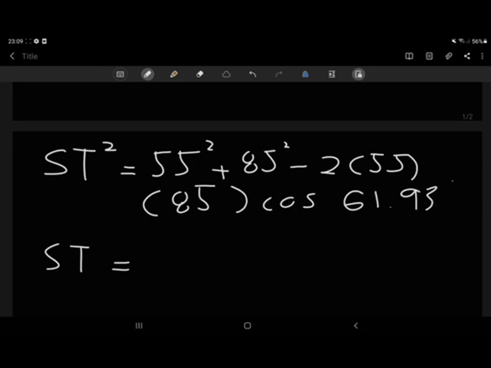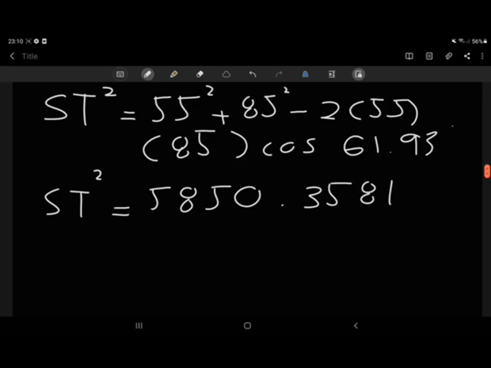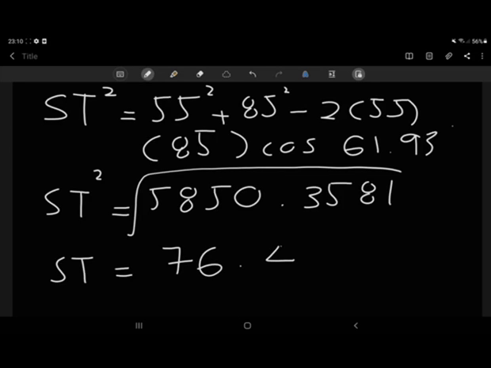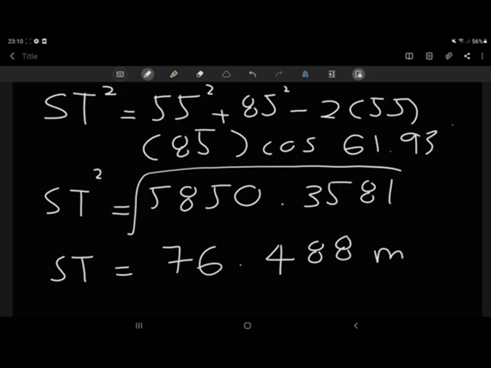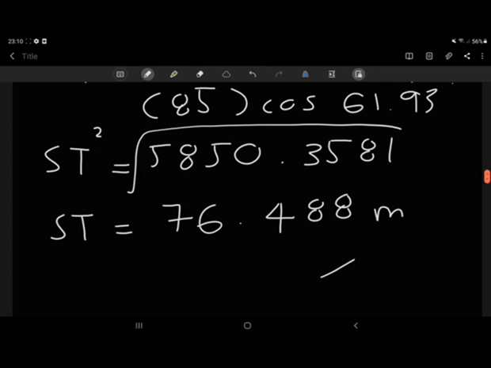So the answer for ST square is 50.3581, and we need to square root the answer to get ST is 76.488 meter.